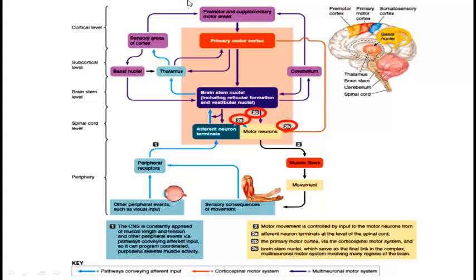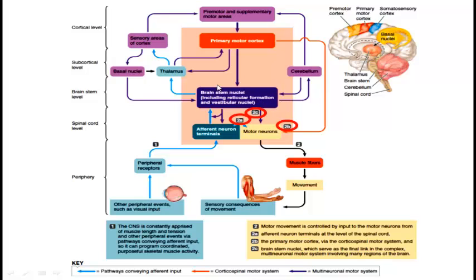So upper motor neurons are the level above the spinal cord. Any neurons above the level of the anterior horn cell are supraspinal, upper motor neurons. For example, neurons in the primary motor cortex are upper motor neurons. Neurons in the cerebellum are upper motor neurons. Basal ganglia are upper motor neurons. Thalamus, upper motor neurons. Brainstem neurons that supply the spinal cord are upper motor neurons.